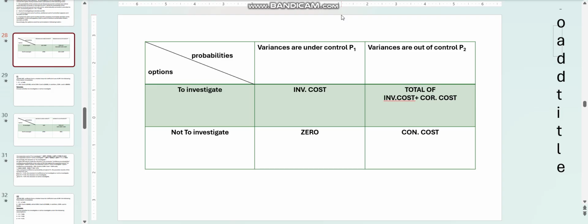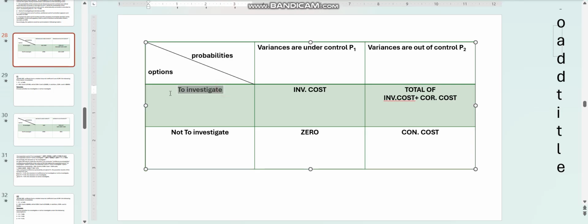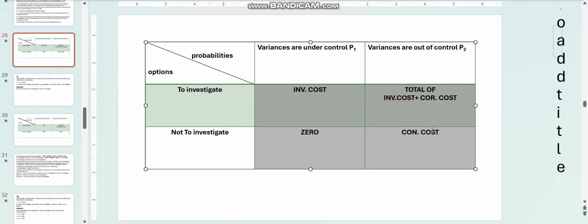In the last one we have summarized the decision in a table or a matrix that has two main options: to investigate and not to investigate. Also, this table has four main cells.